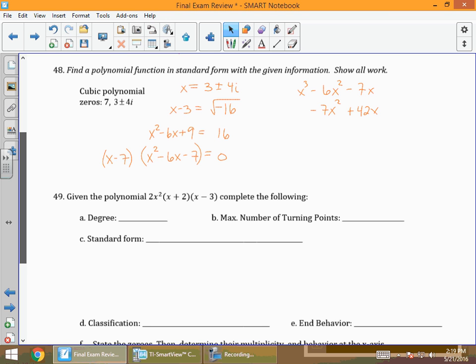And negative 7 times negative 7 is 49. And combine these like terms. X cubed minus 13x squared plus 42 minus 7 is what? 35x plus 49.